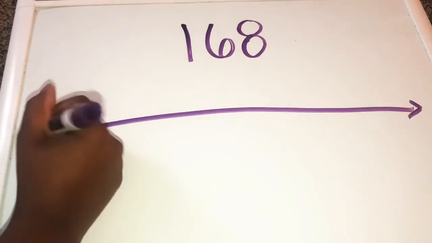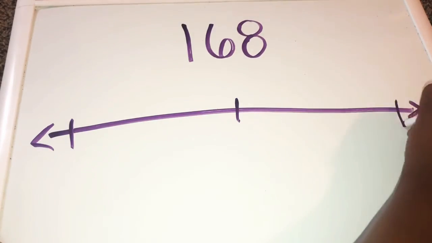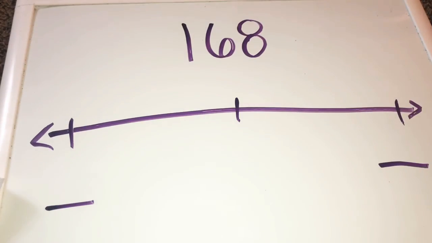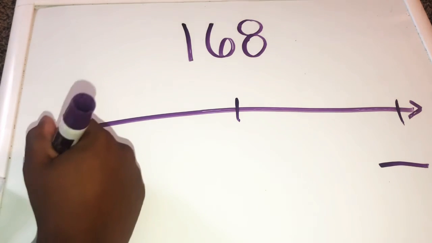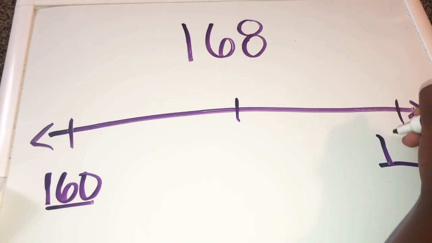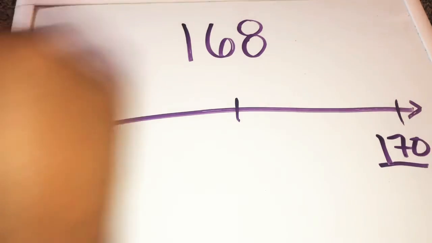Once again, we're going to make a number line. Hopefully yours looks better. And we're going to add our 3 tick marks. Go ahead and take some time to do that. Now we need to figure out the two multiples of 10 that are closest to 168. That's going to be 160 and 170.